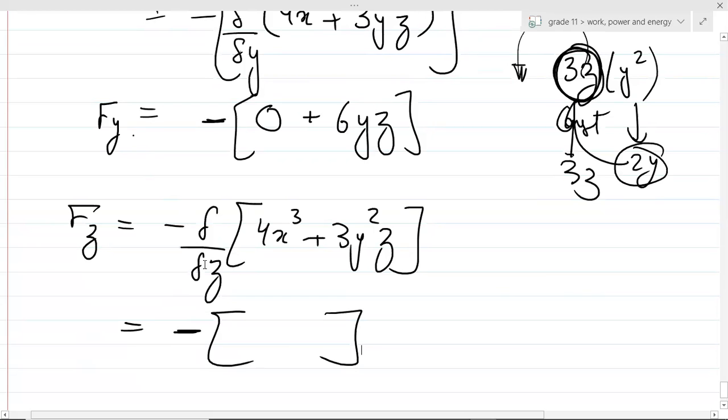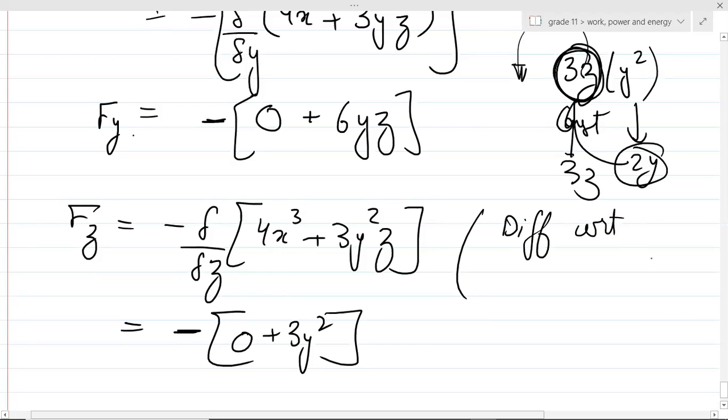When we are differentiating with respect to z, x and y will be taken as constants. So it will be 0 plus 3y square. That's the correct answer.